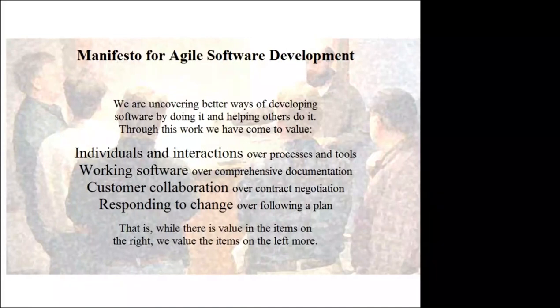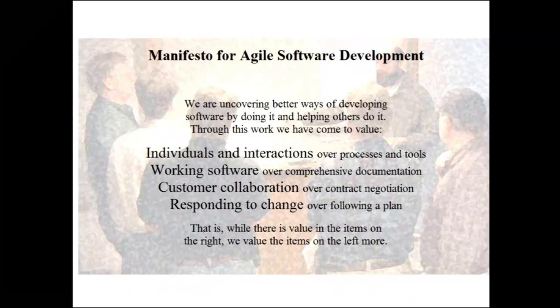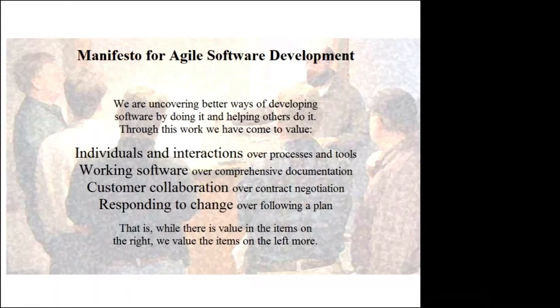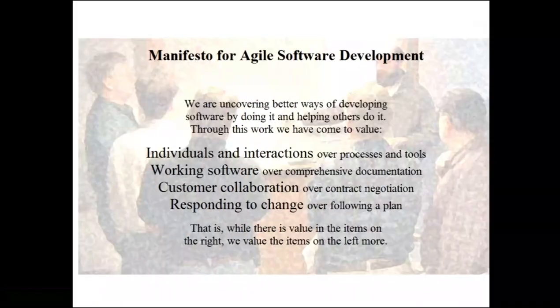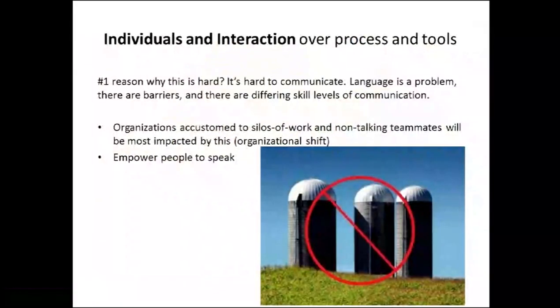That is, while there is value in the items on the right, we value the items on the left more in Agile. We're going to walk through each one of those points.